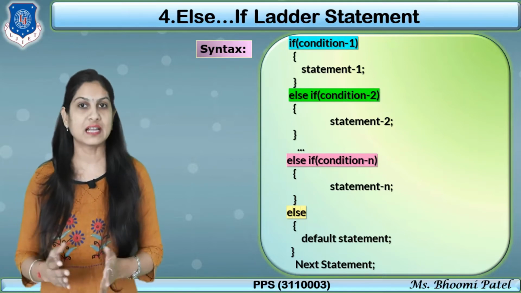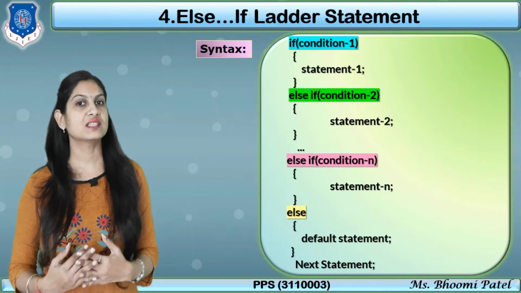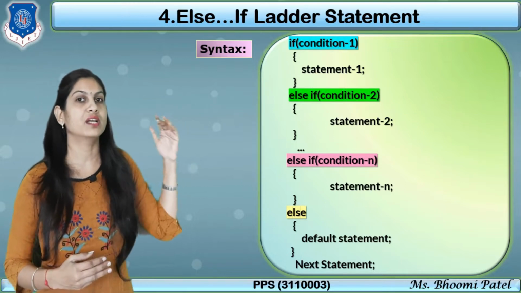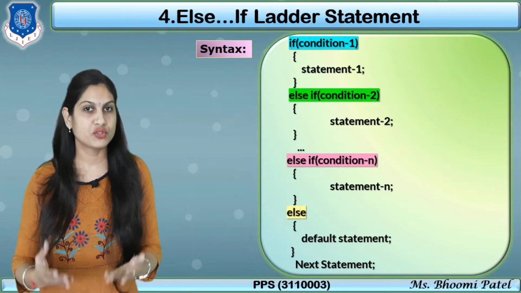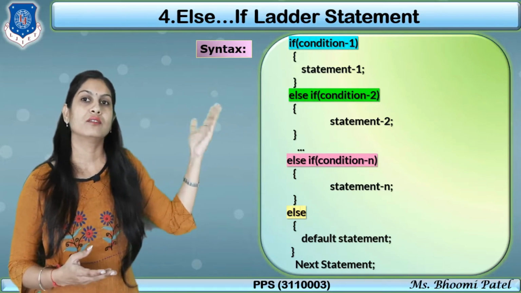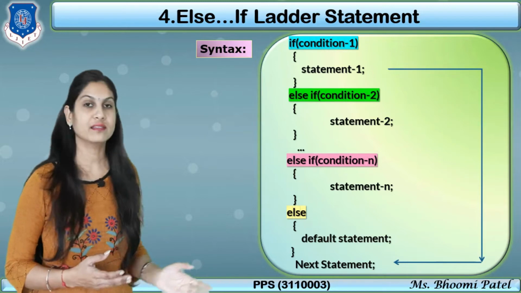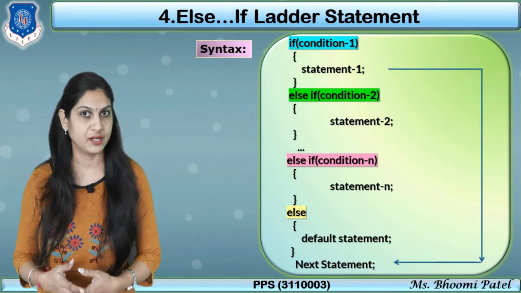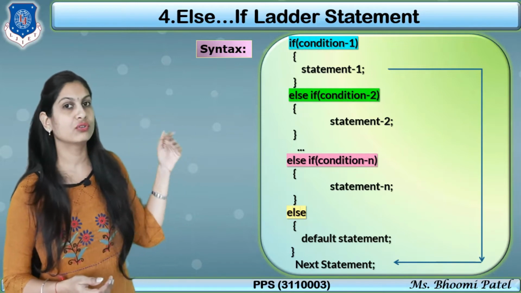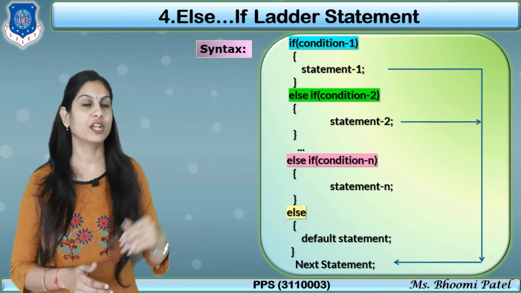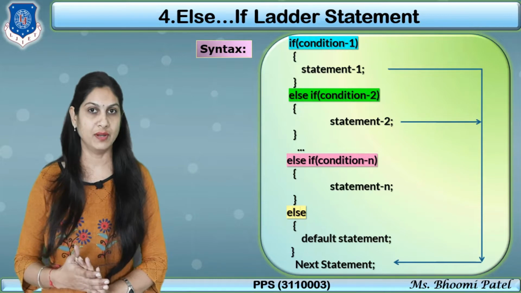There are so many conditions here, so I am numbering them condition 1, condition 2 and likewise. If condition 1 is true, then statement 1 will be executed and control directly goes to the next statement. In the else if the second condition will be there. If it is true then statement 2 will be executed and goes to the next statements.